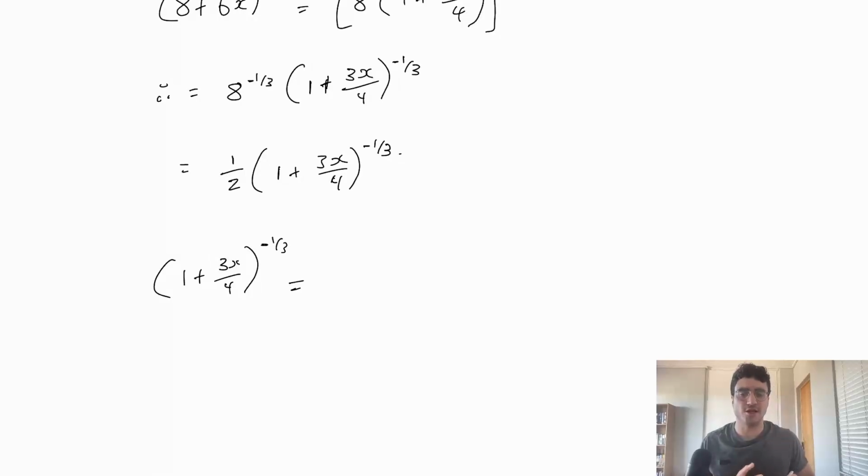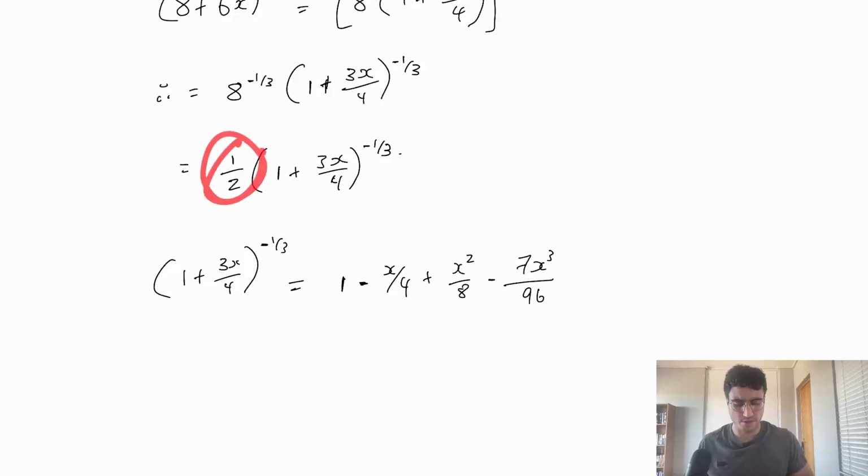If we expand that using our traditional formula here, we're going to get 1 minus x over 4, plus x squared over 8, minus 7x cubed over 96, but we're not done yet. Why? What have we missed out on? Well, remember, this was all multiplied by a half in the beginning.